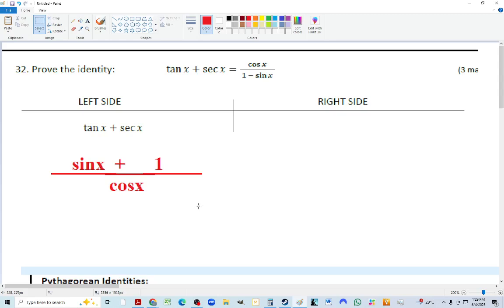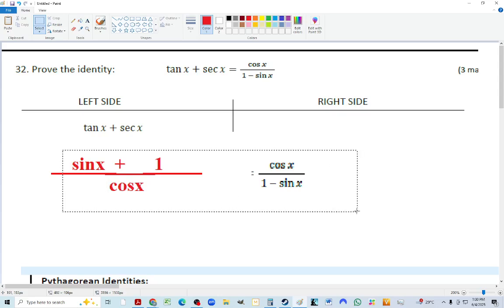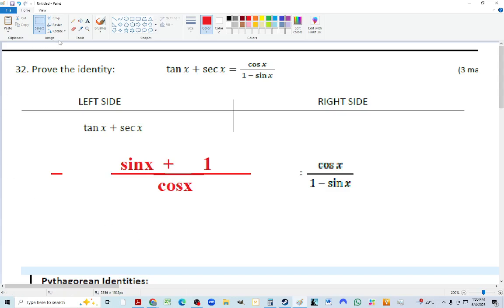Now, technically I should, and then we'll just keep this on the left, technically I should be multiplying by 1 minus sine x on both sides to get my solution. I mean, if you want, let's just multiply both sides by it. Still working left and right.